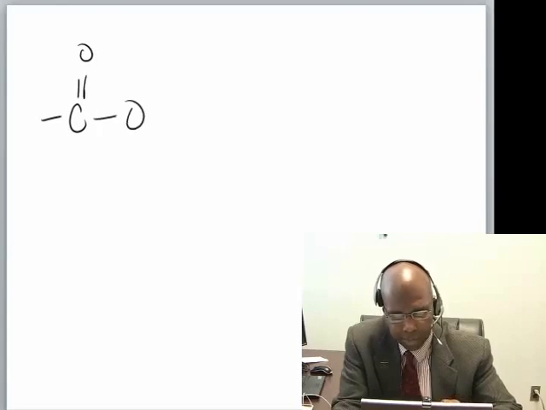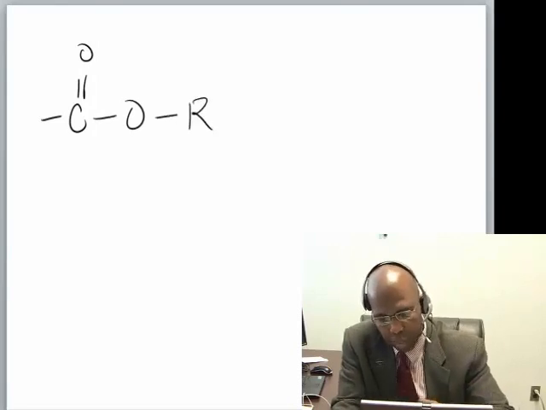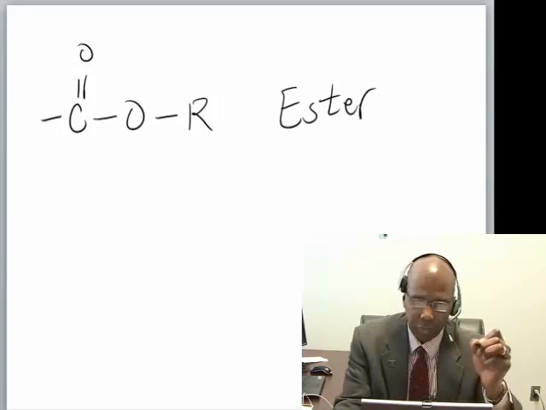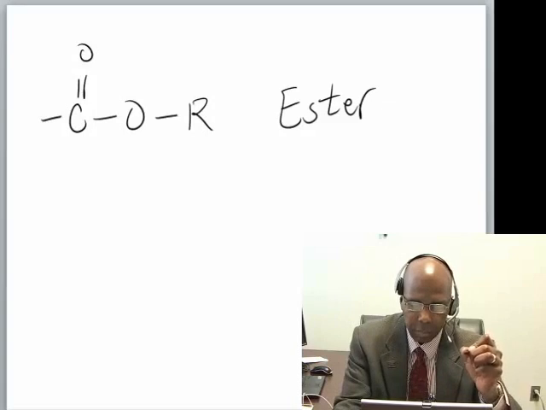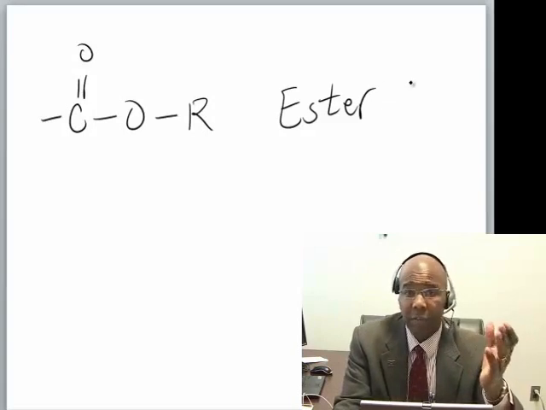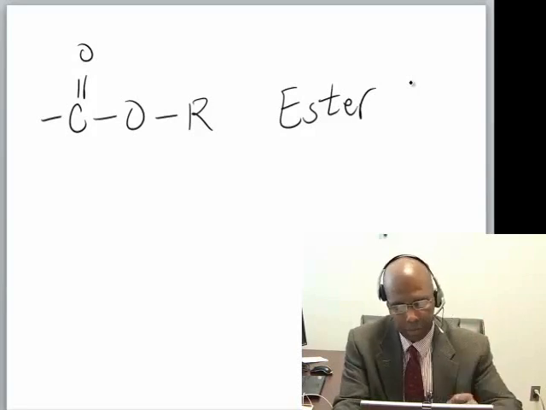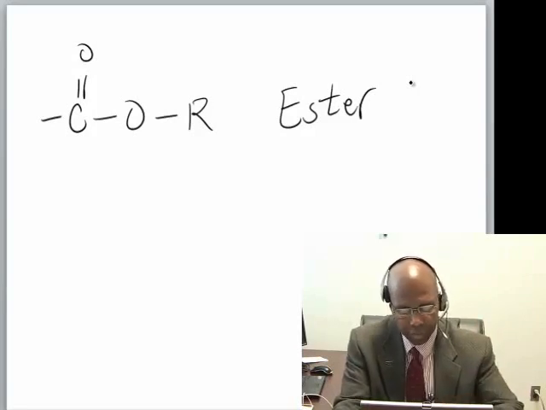Instead of putting a minus there, we're going to have a bond here and put an R here. This functional group is called an ester. Esters are very prevalent in biochemicals, especially in lipids.